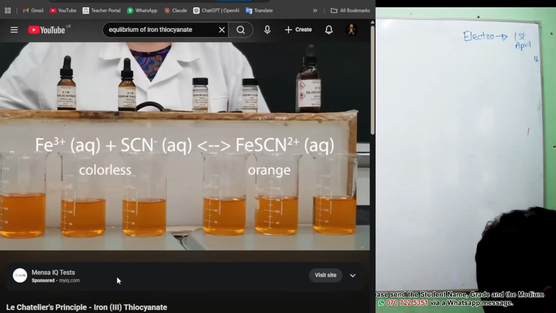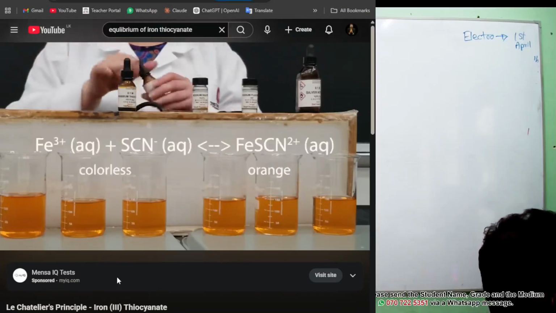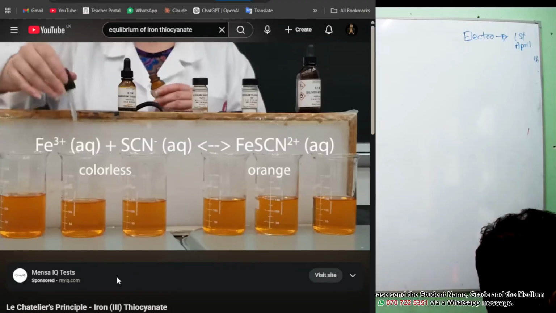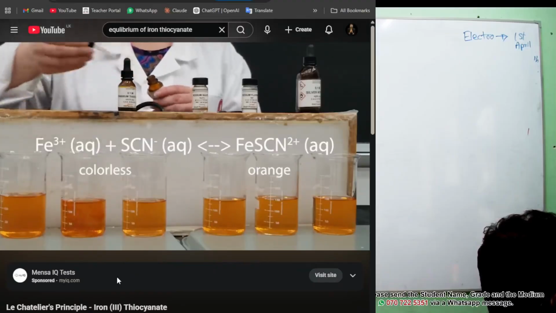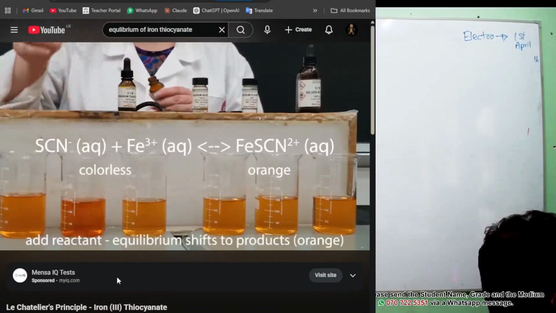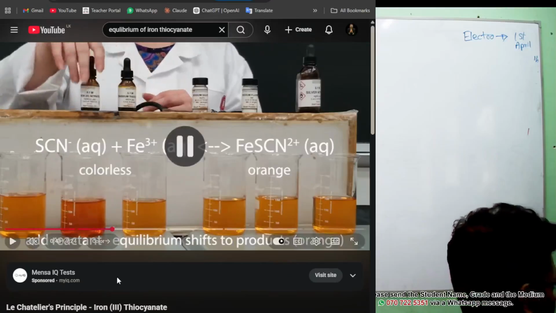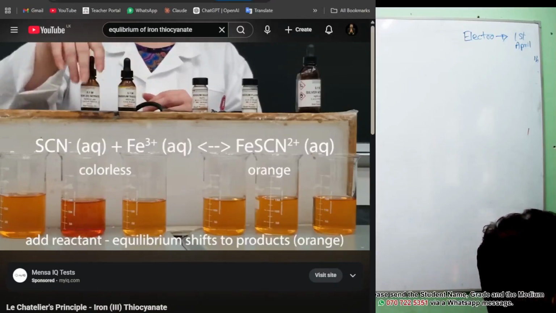But look at the system. That's what I want. What do they add? They add a reactant, right?